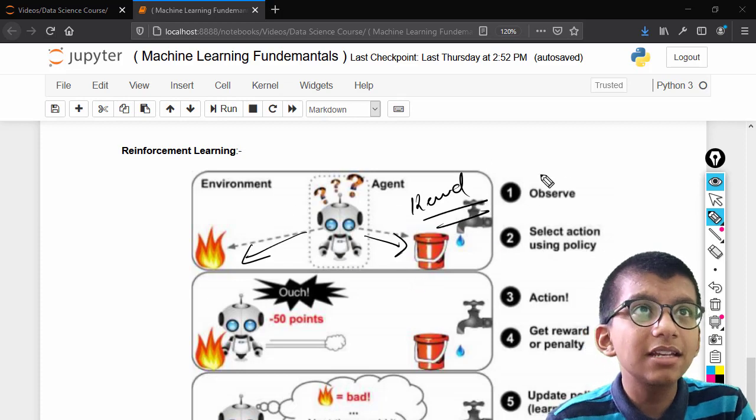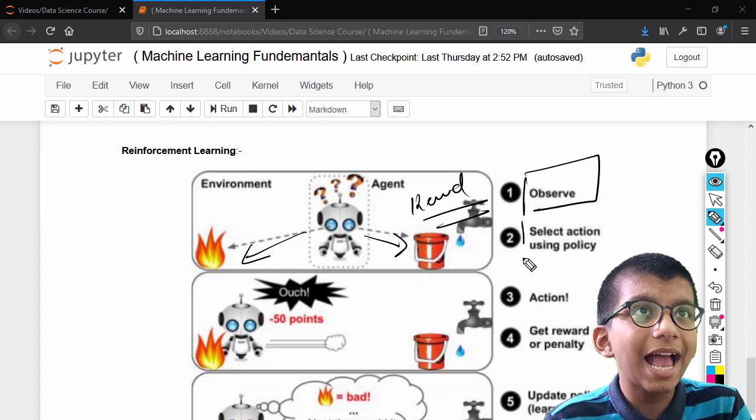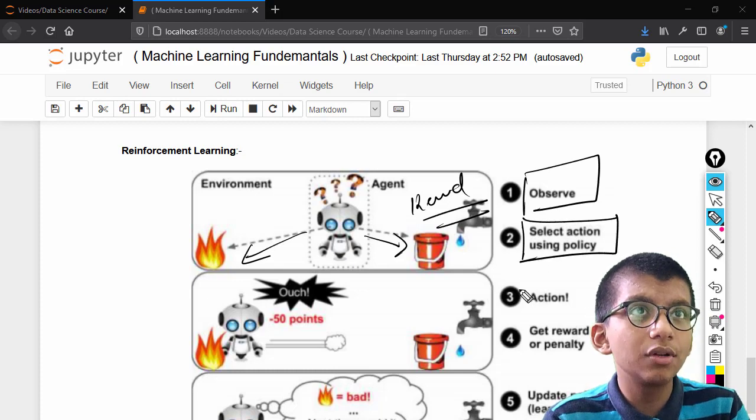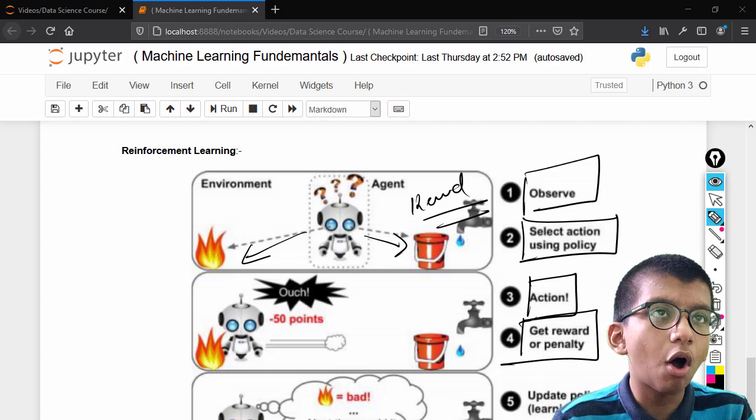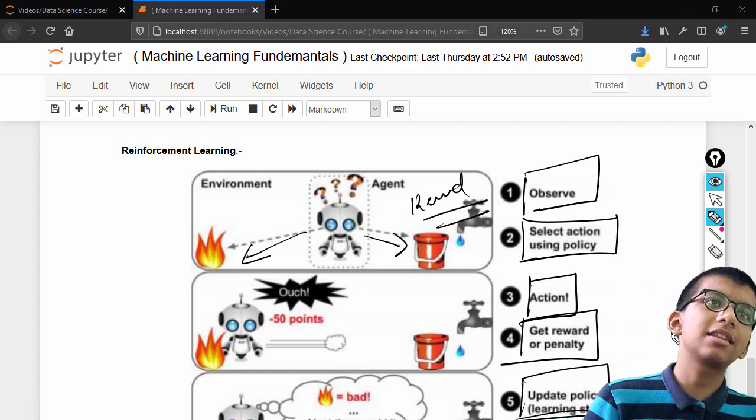So what it does is observe, select an action using its policy, do the action, get a penalty or a reward, and update the policy if it is done wrong, and it continues until it is found.